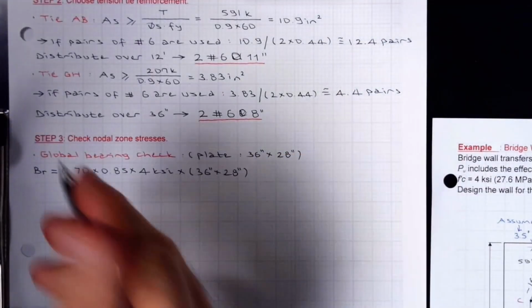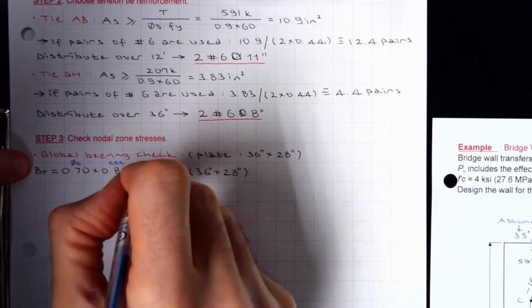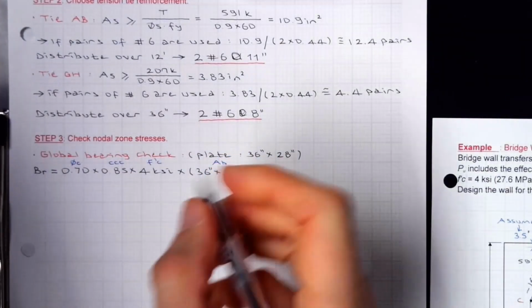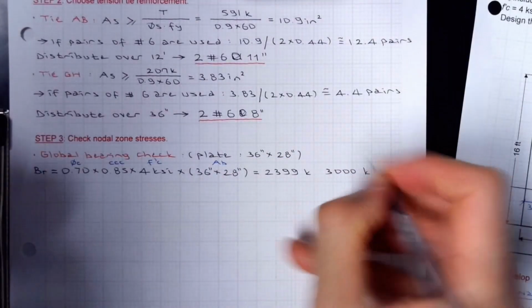If you are looking for more explanation, 0.85 is CCC limit, 4 KSI F prime C. This is the area bearing plate. So if you do this, it is not going to pass 3000 K, not good.